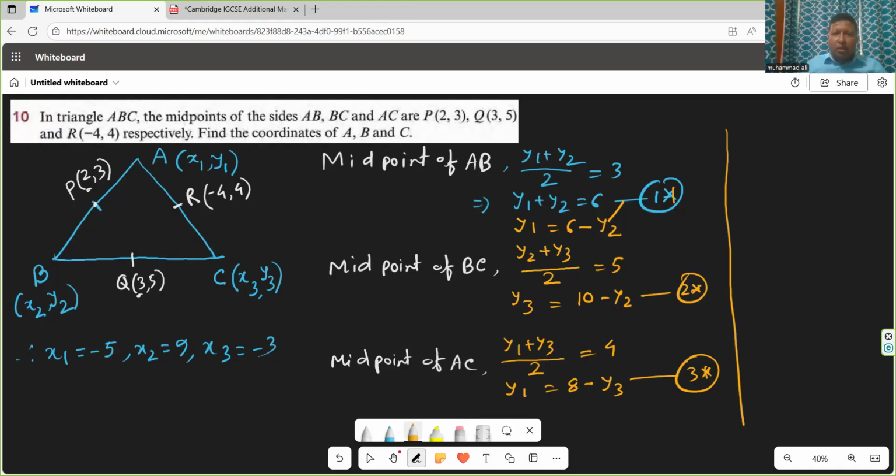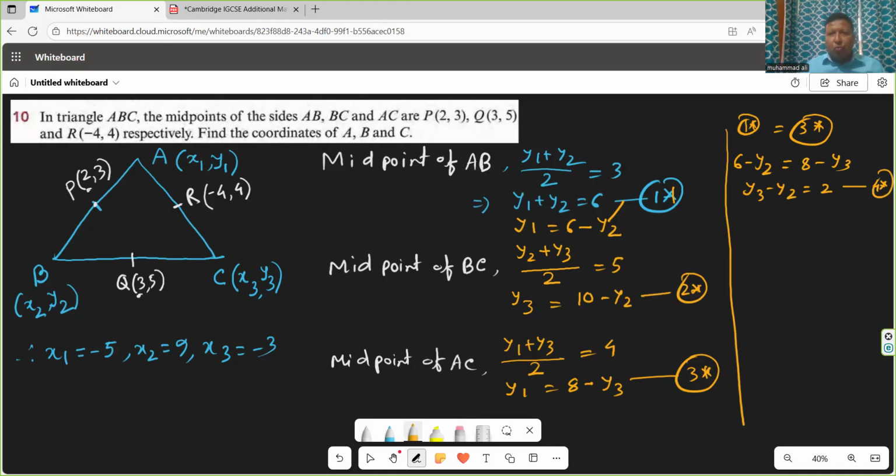Now 1 star and 3 star, both are equal, because both are y1. So you can write 6 minus y2 equals 8 minus y3. So y3 minus y2 equals 2. We consider this is 4 star.